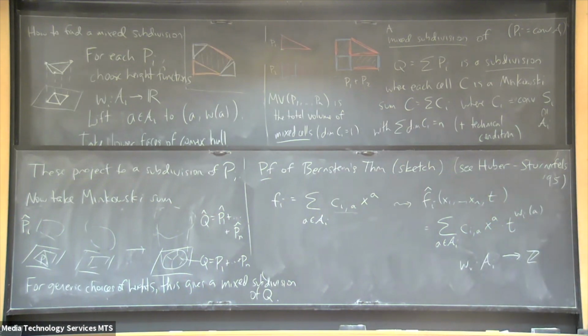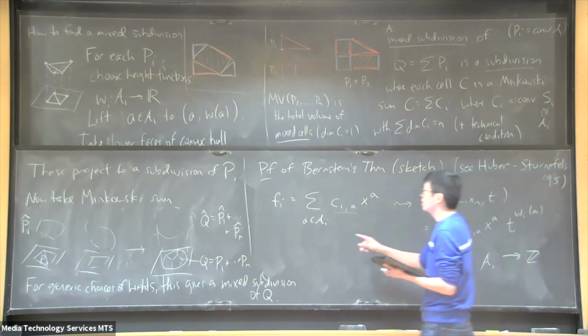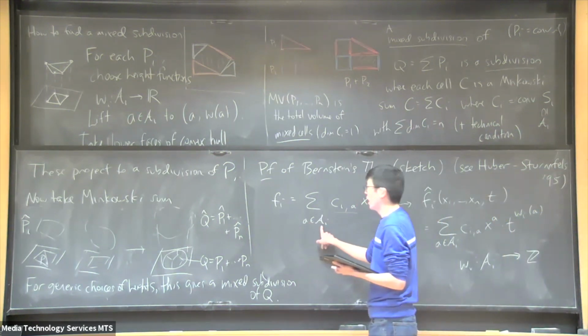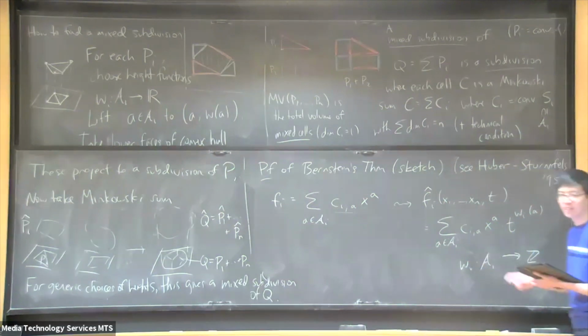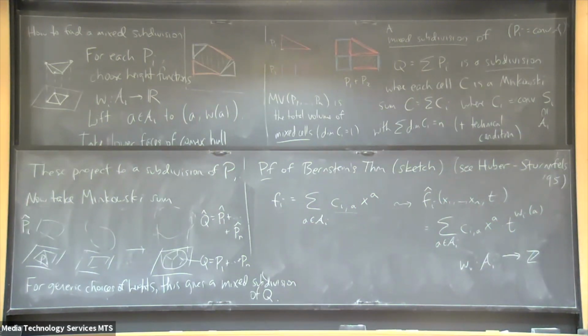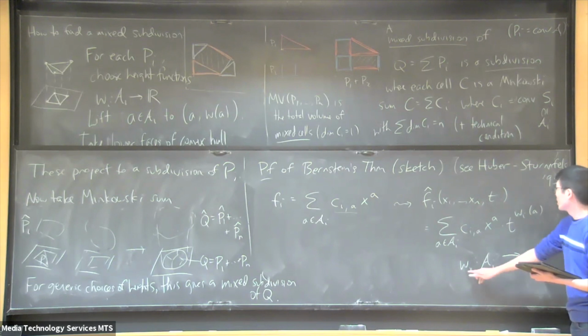If the exponent vector a belongs to A_1 and A_2, will they get the same height? No, the height depends on which A_i, because w_i depends on i.